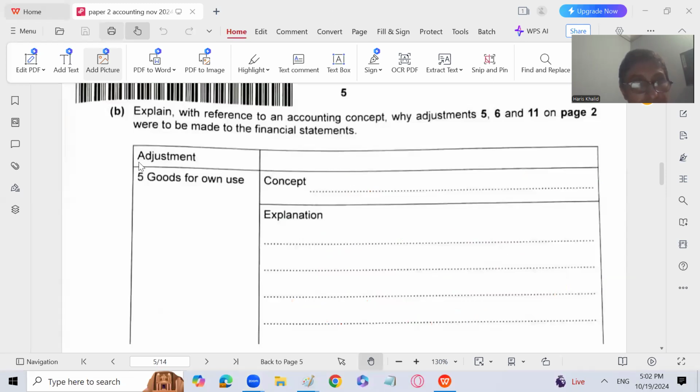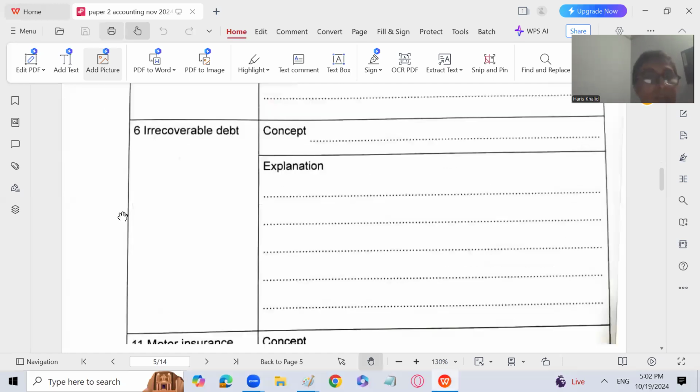The next one is irrecoverable debts. The concept which we are going to use is matching or accrual. You can use either concept, matching, accrual, or even prudence, because profit should not be overstated. Matching concept says that expenses of a particular year should be matched with the income of the same period to find the profit and loss of the business.